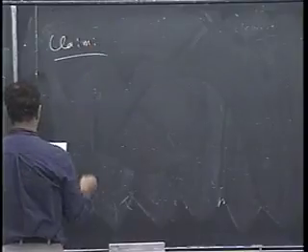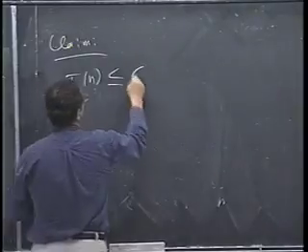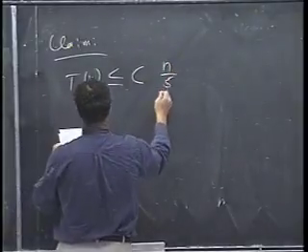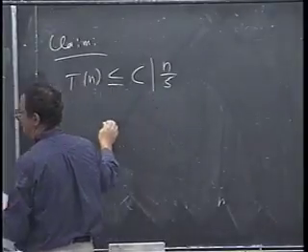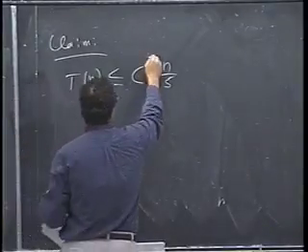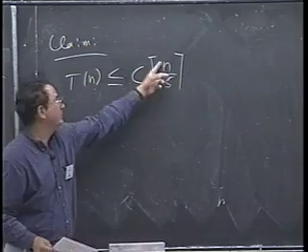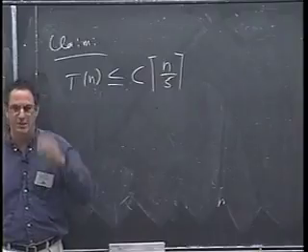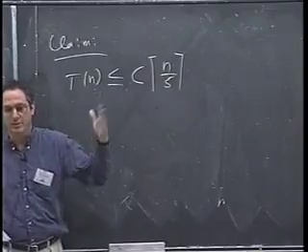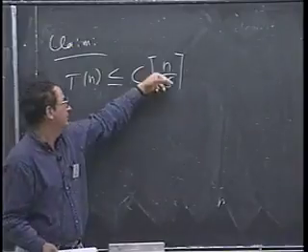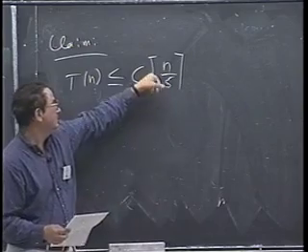Again, after substitution, T of n is less than or equal to... I'll carry along, I never assumed that n was a power of 5. So eventually, even if I started with a multiple of 5, we're going to get down to something where this is not a whole number.